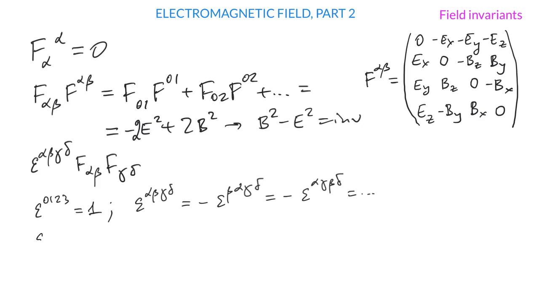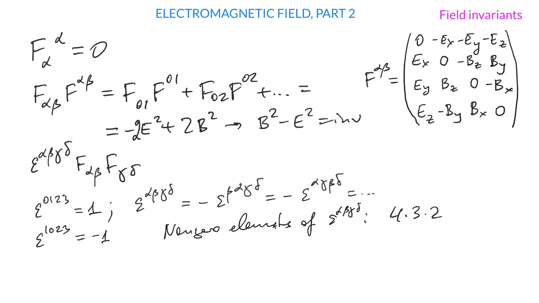For example, epsilon 1, 0, 2, 3 is minus 1. So the total number of non-zero elements of epsilon is 4 times 3 times 2, that's 4 factorial, or 24. Of these, 12 are plus 1 and 12 minus 1.